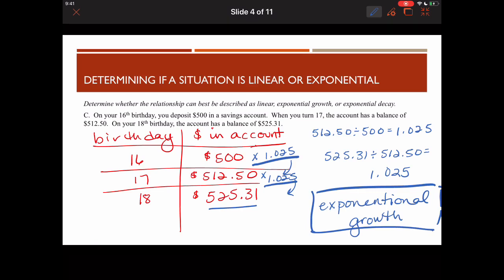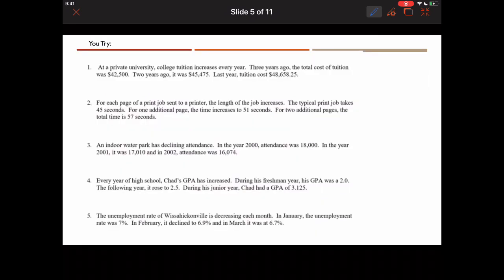So now you saw an example of exponential decay, what that would look like. Then you saw an example of a linear situation. And now the one we just did was an example of what exponential growth would look like. So now I want you to take a minute, pause the video here, and here's 5 problems that I want you to try.